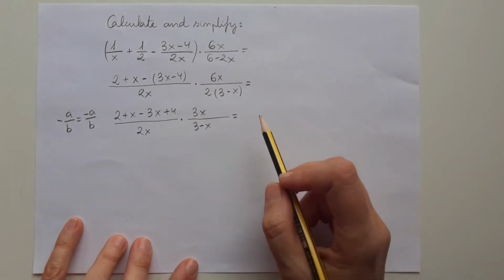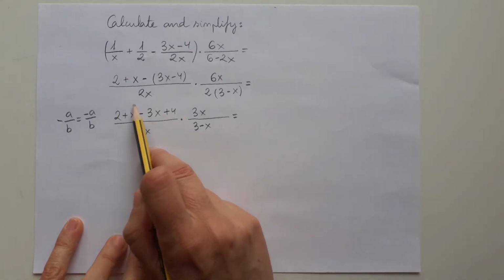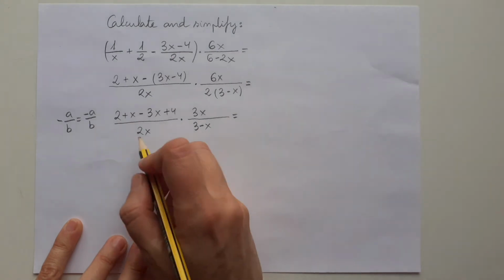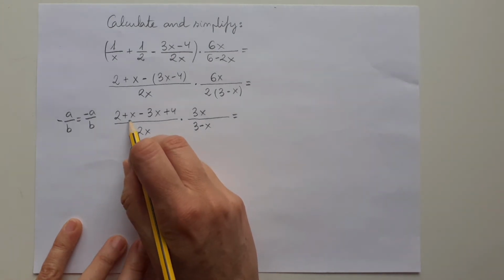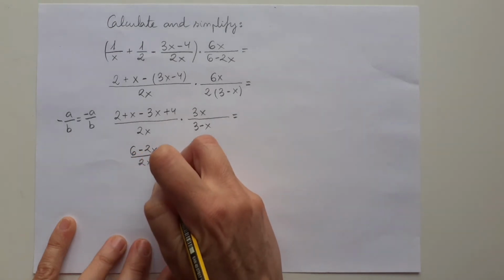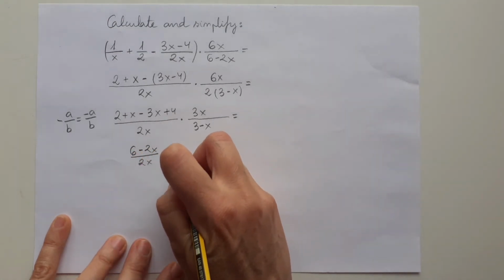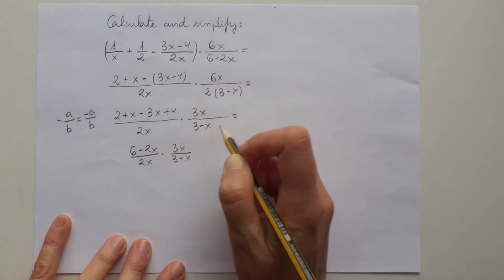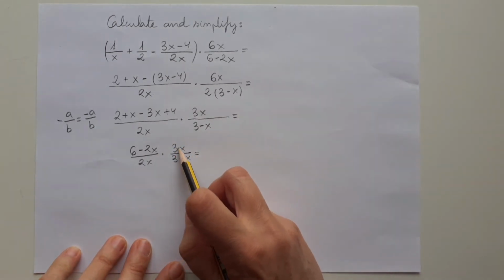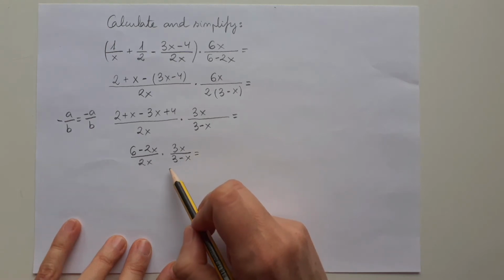So what can I do now? Well, we have to operate in this numerator. And we obtain 2 plus 4x minus 3x minus 2x, divided by 2x, times 3x divided by 3 minus x. Careful, it's not possible to simplify anymore here, because here I have a multiplication, but here I have a subtraction.